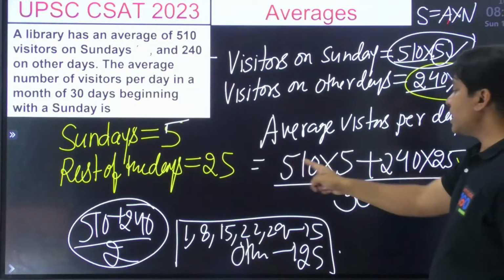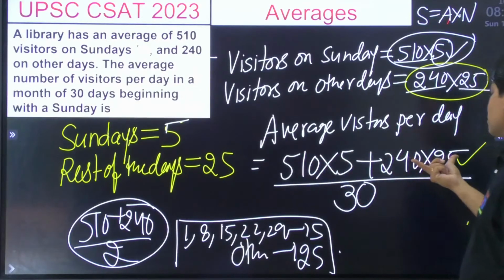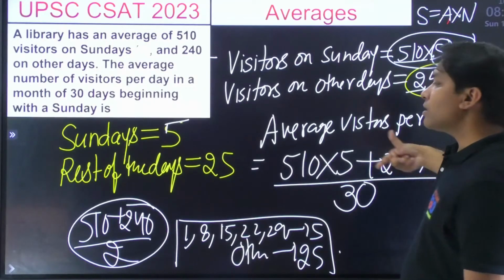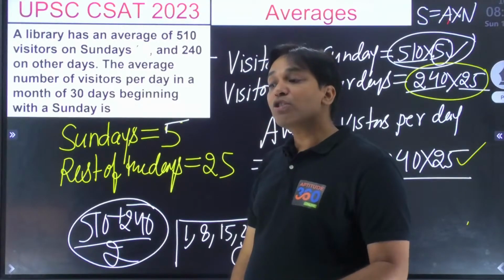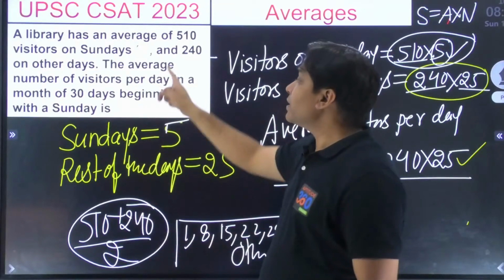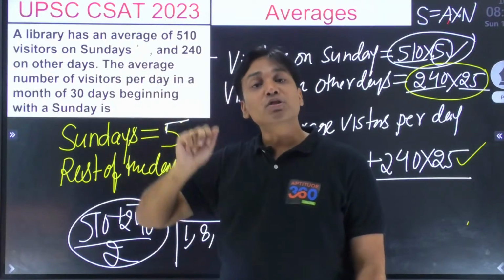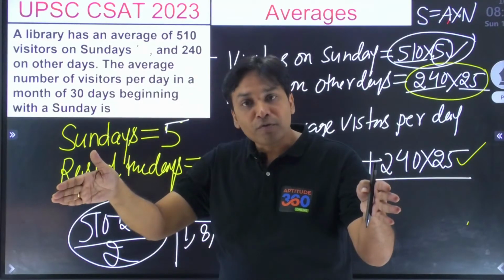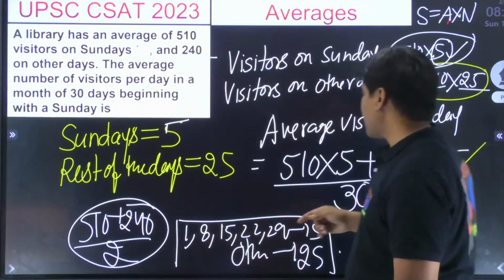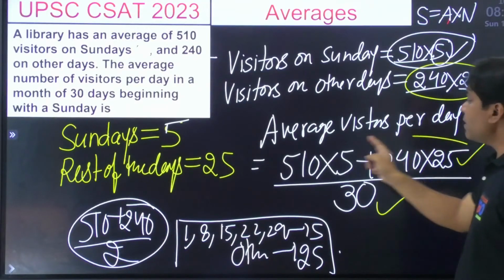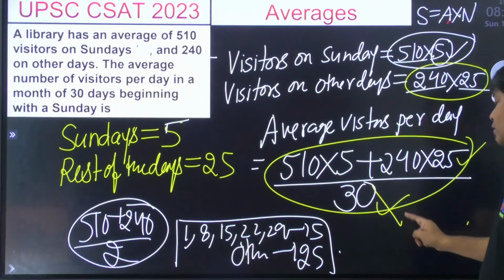That is the answer in the numerator. And since you have to find the average number of visitors, it is total number of visitors in a given month divided by number of days in the month, which is 30. If you simplify this, you will get 285.